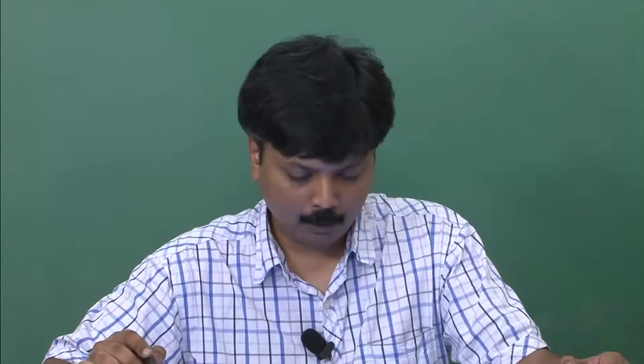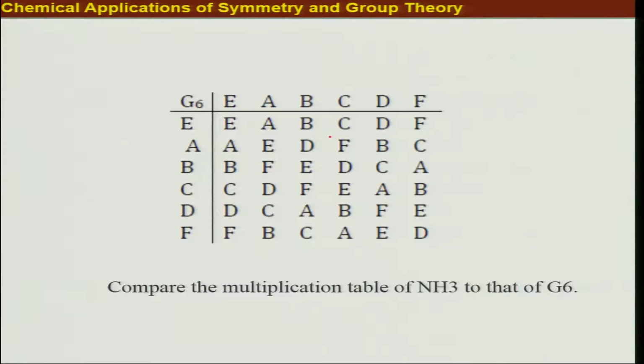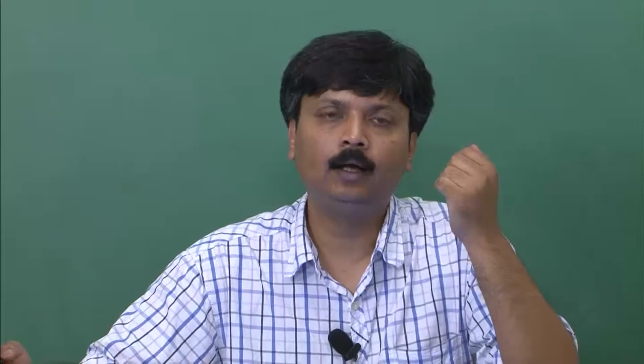Now suppose I give you this particular group multiplication table, can we compare it with the multiplication table for a particular point group which also has an order 6? So what is a group that you can imagine which has an order 6?